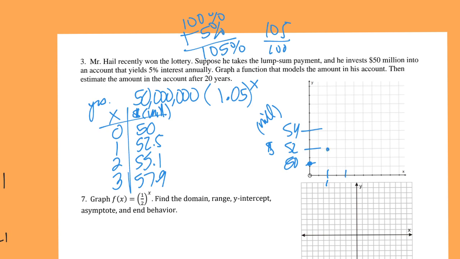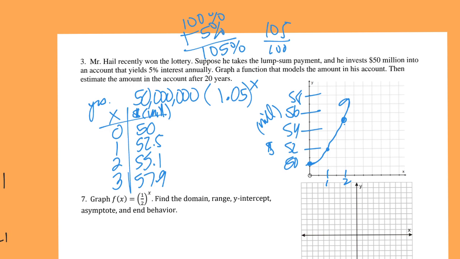And after 2 years, it's going to be at 55 million right here. So that's 56, and that's 58. And you can show the growth over time, okay? And the x-axis, which is way below, is going to be the asymptote. And so use it to figure out how much he would have in 20 years.